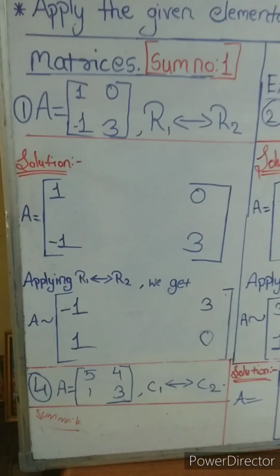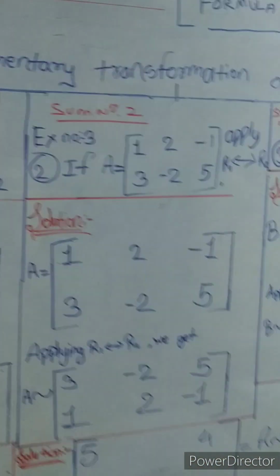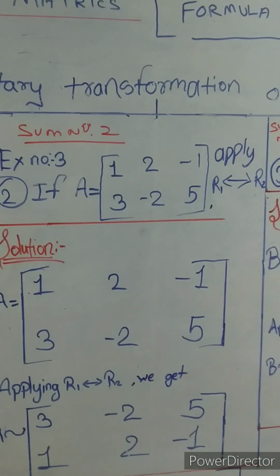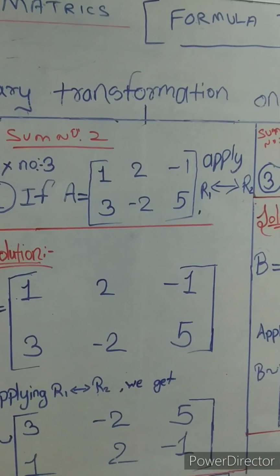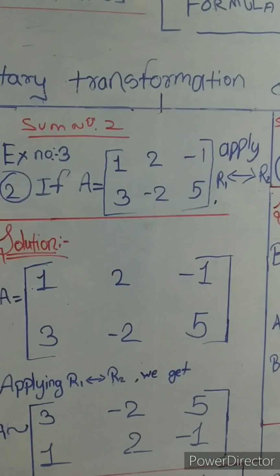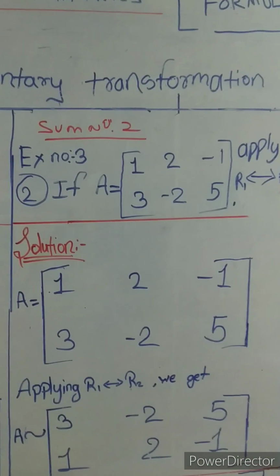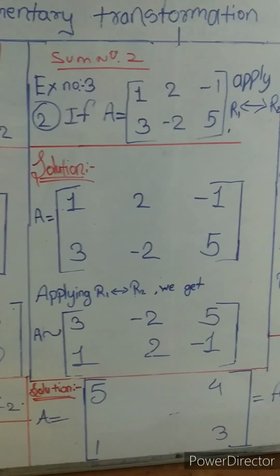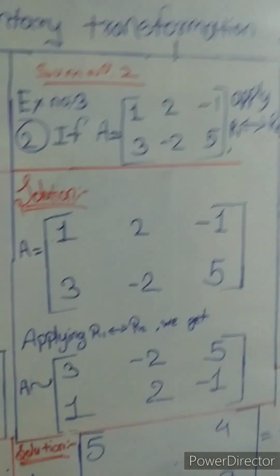Next, sum number 2. Here example number 3, if A is [1, 2, -1; 3, -2, 5], apply R1 R2 elementary transformations. Here is the question; the first A I have written here, the same chart only.